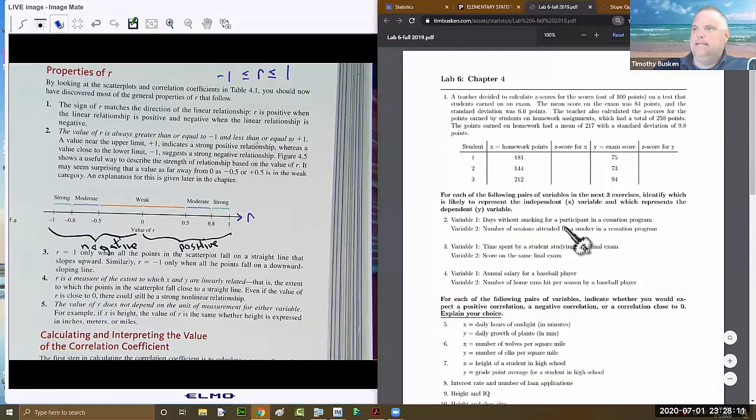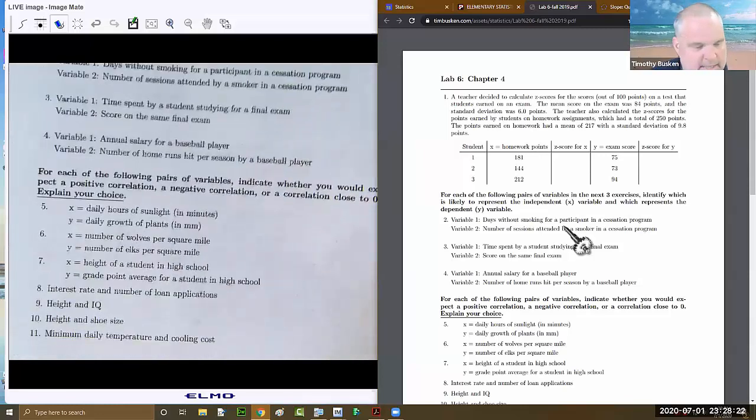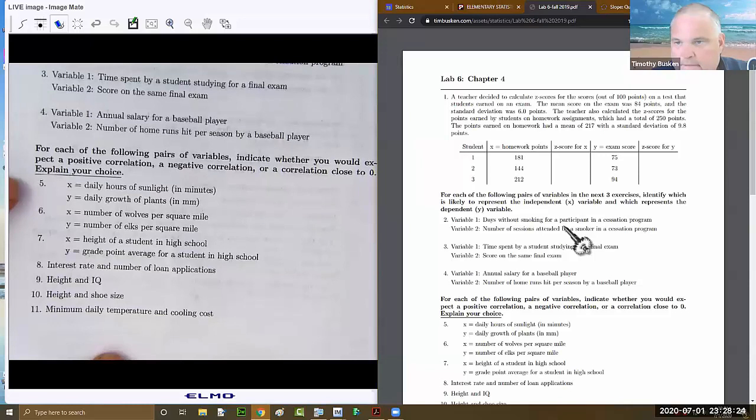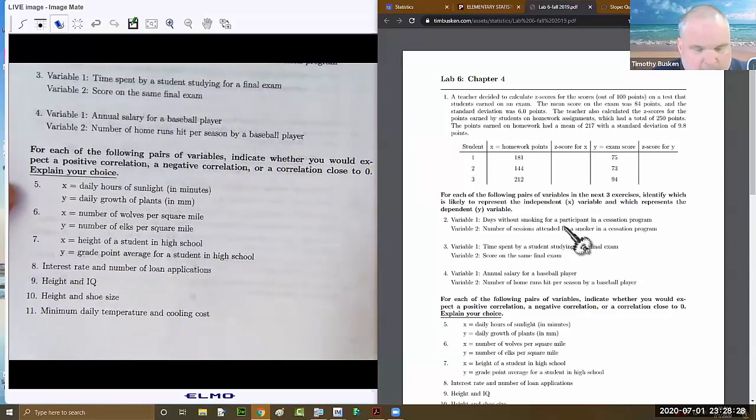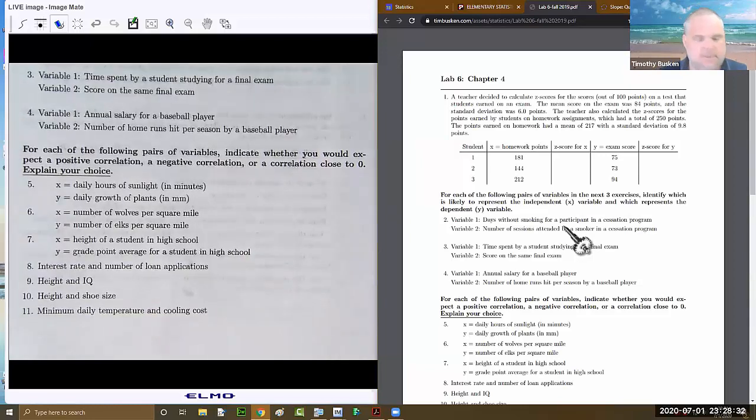And it looks like this. I'm not going to do the problems one after the other, but I do want to take a look at these problems 5 through 11 and explain how you think about answering these questions, okay?